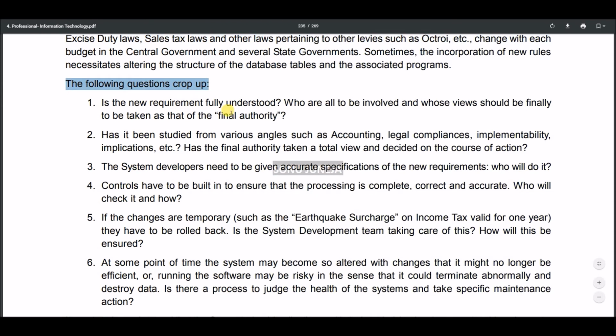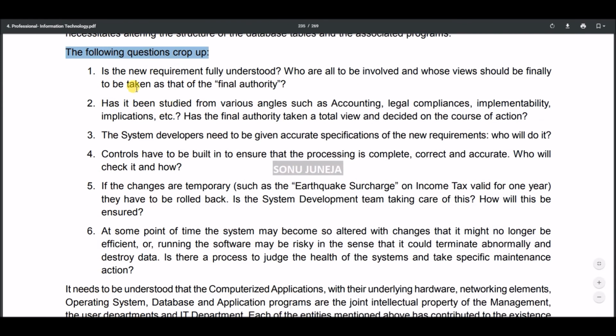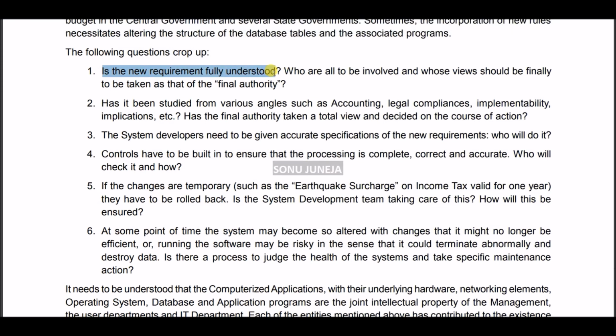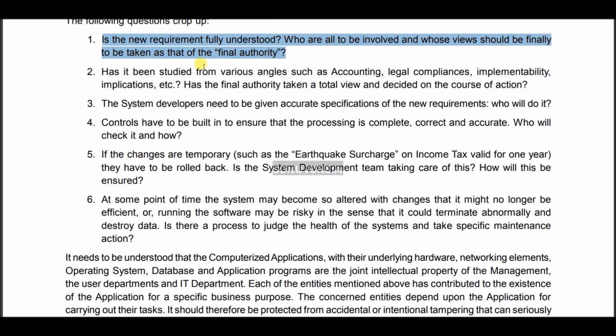To cope up, what needs to be done? Is the requirement fully understood first? So to cope up, to match the requirement, you need to understand the requirement: who are all to be involved, whose views should be finally taken, that of the final authority.